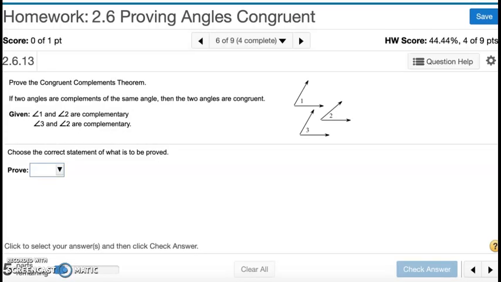Number 6 says to prove the congruent complement theorem. So if two angles are complements of the same angle, then the two angles are congruent. And we're given angles 1 and 2 are complementary, and angles 3 and 2 are complementary. So what we must prove is that angle 1 equals angle 3.